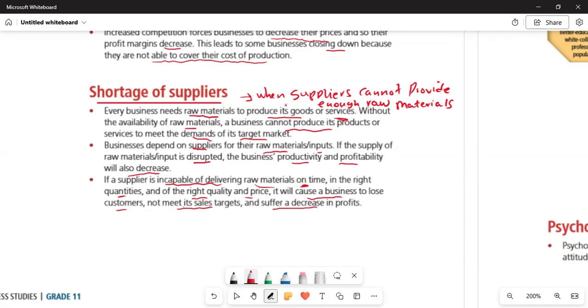They don't deliver raw materials on time, in the right quantities. Sometimes you've ordered a certain quantity, like 20 liters of oil, and they bring only 2 liters. So that is going to affect our sales because customers are going to come and find the products not there. So this is going to affect our sales targets as well as the profits. So that is that. Let us move on, good people.